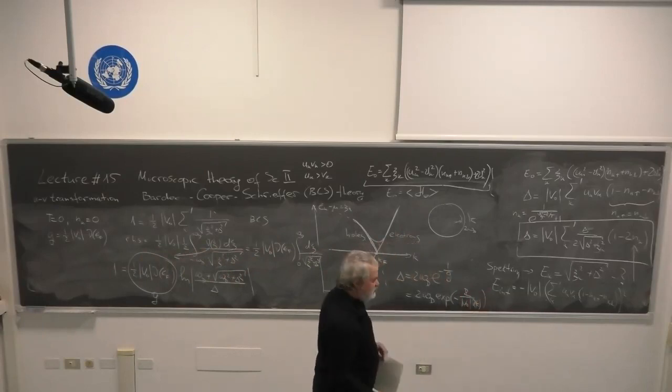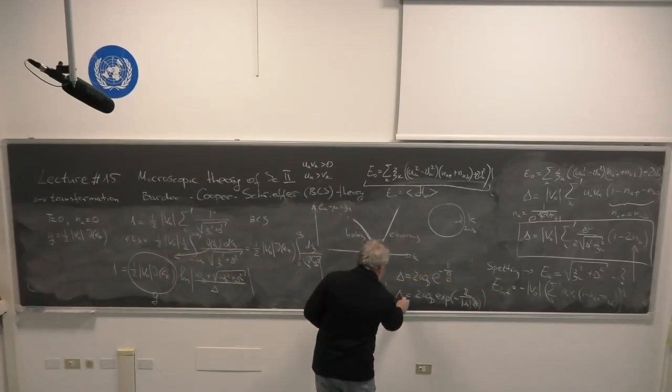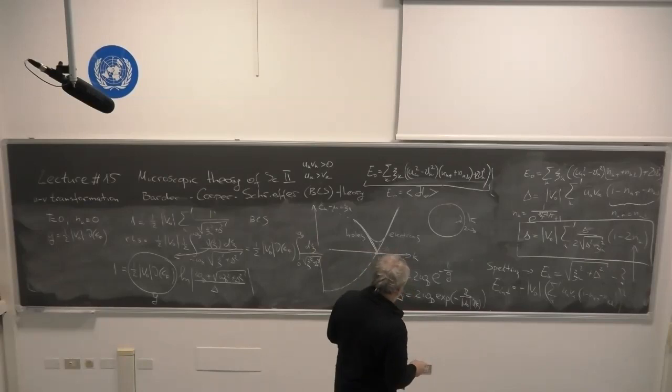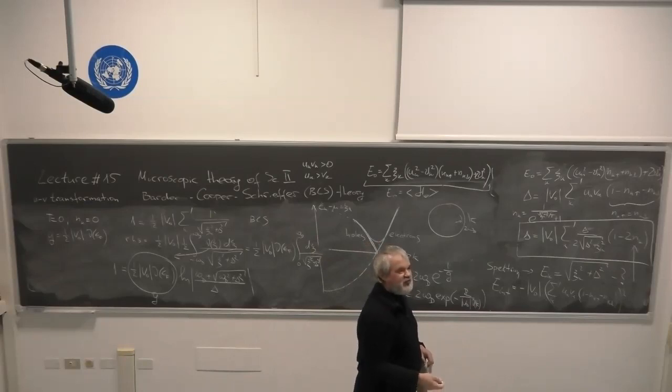If you look at my derivation of the Cooper pairing problem, you will see that delta is exactly equal to the difference between the binding energy and 2 Fermi energies.